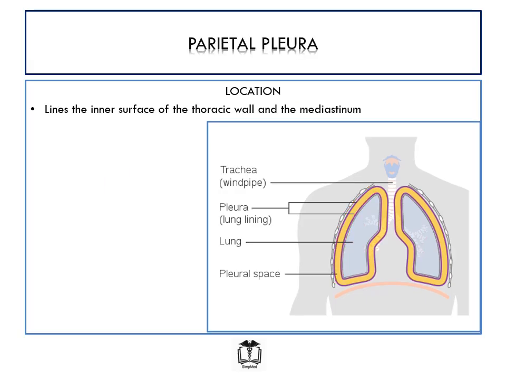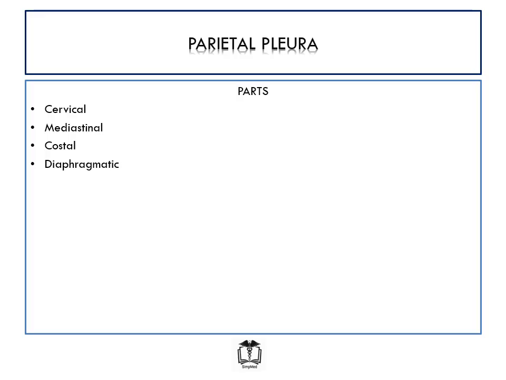So starting with the parietal pleura, like I said, parietal pleura tends to line the thoracic wall, as shown here. So it lines the entire thoracic cage from the inside and also extends all the way to the mediastinum, lining the entire mediastinum from the inside. What are the parts of the parietal pleura? Depending on what particular aspect of the entire thoracic cage it is lining, the parietal pleura has four major parts.